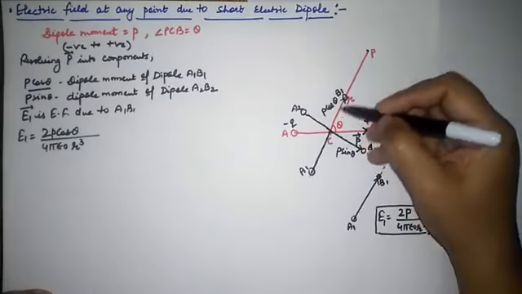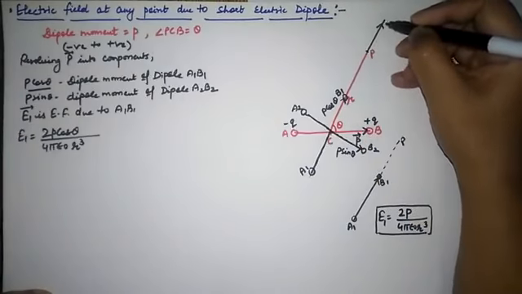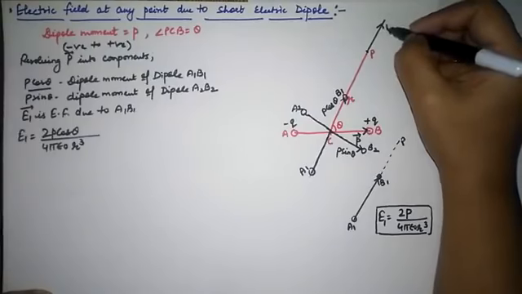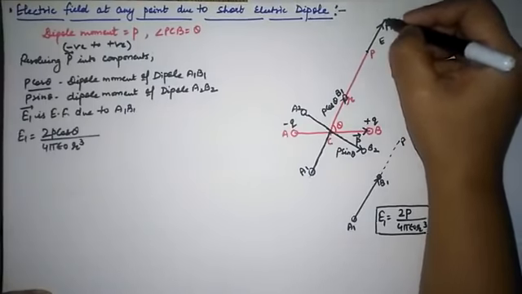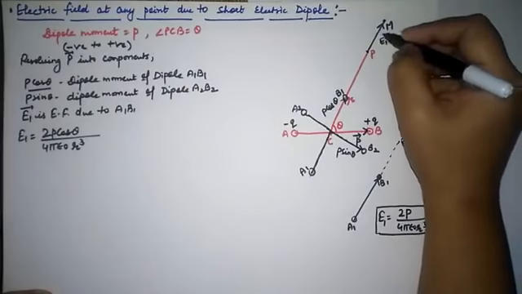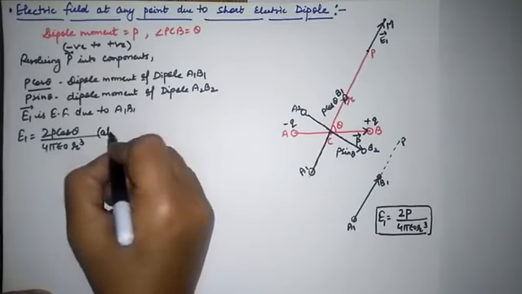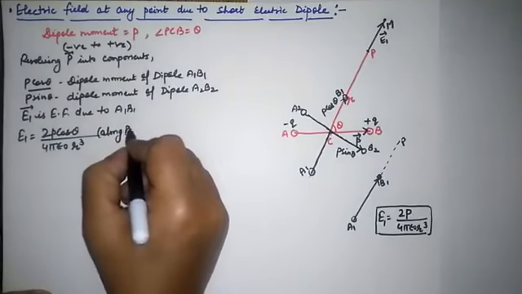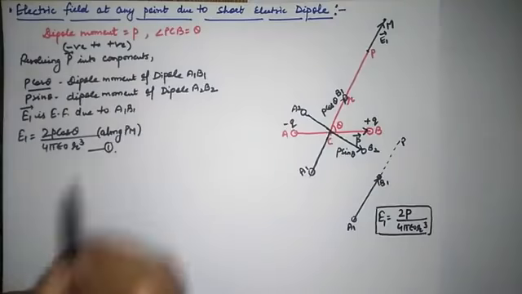So this is the direction of dipole moment, and so this is the direction of electric field. Suppose this point is M. So this electric field E1 is along PM. This is equation 1.